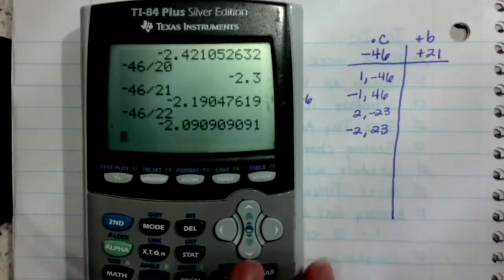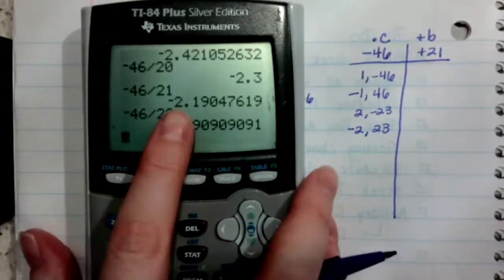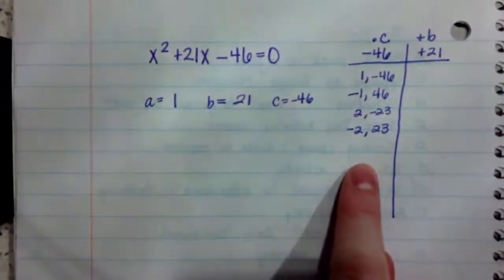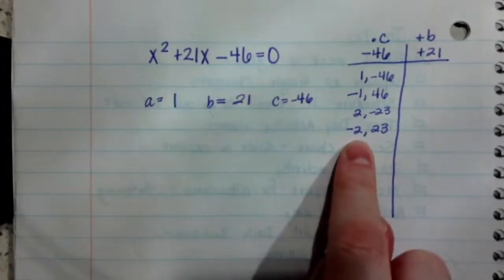So those four are my only pairs. I know I had to type a lot in the calculator, but that helped me be sure that I didn't miss any pairs of factors.